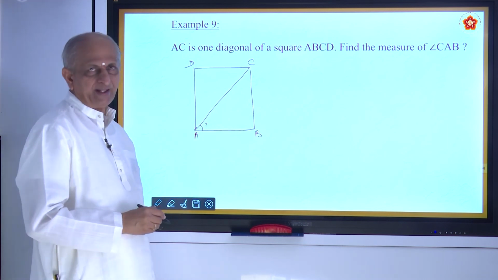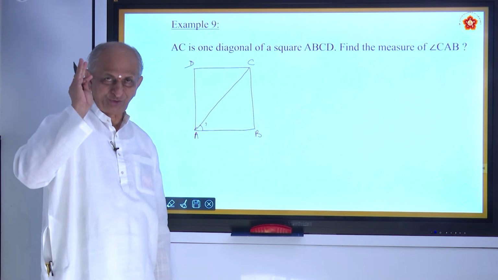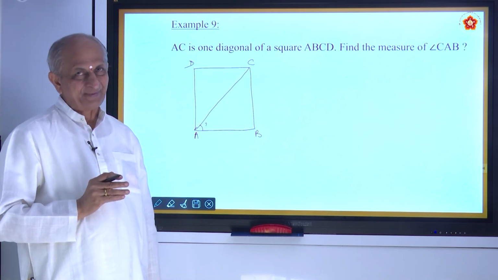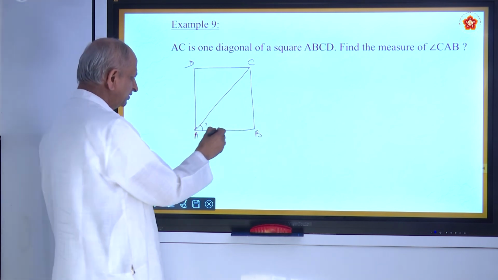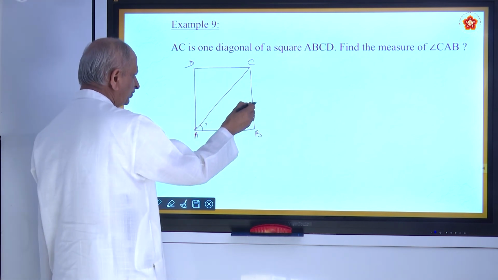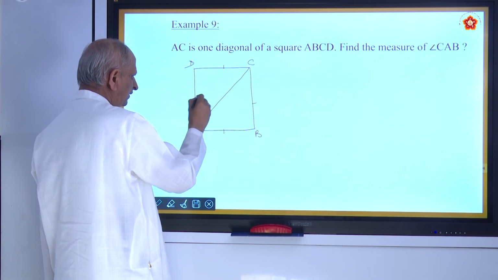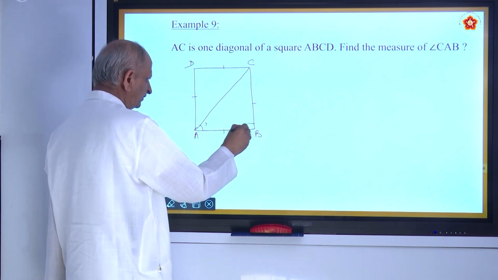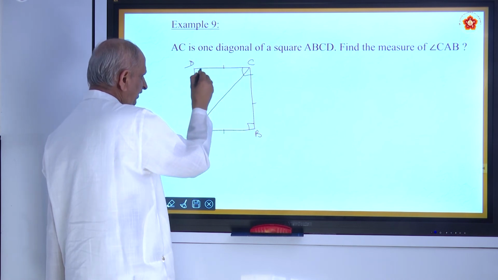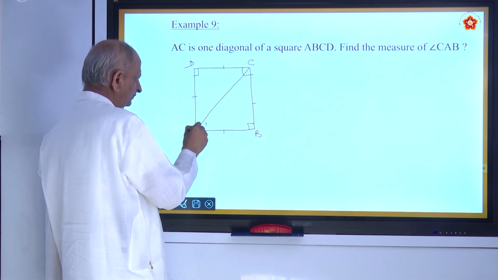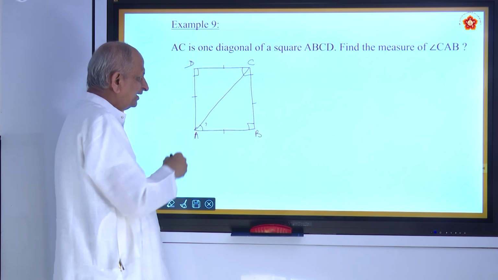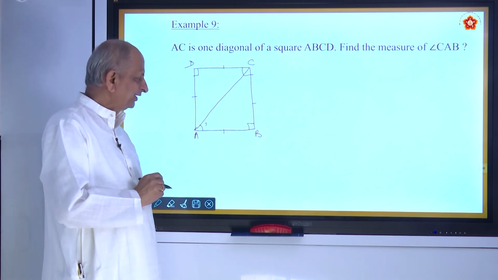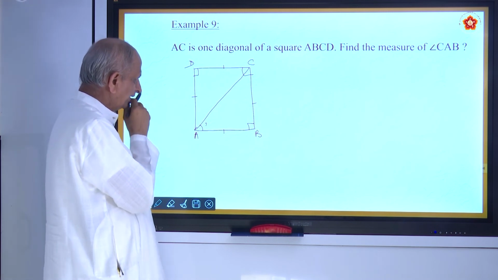So in a square, before starting you should know all the properties. What is the property of square? Come on. Yes, all the four sides are equal. Each angle of a square is 90 degrees and diagonals bisect each other at right angles. Two diagonals are equal, all that.